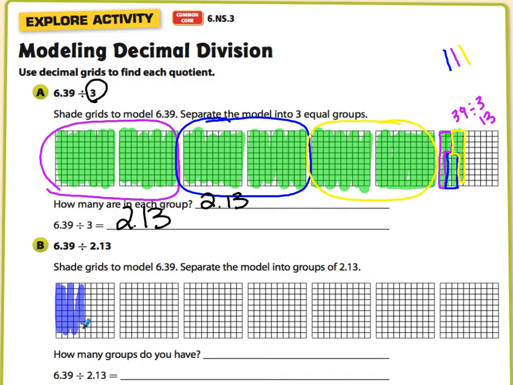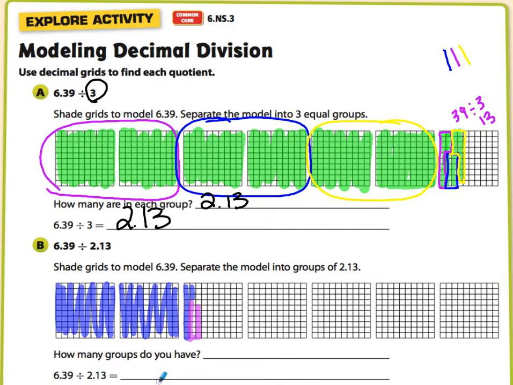So here's 1, 2, 10, 11, 12, 13. Now I'm going to take my next color and do 7, 8, 9, 10, 11, 12, 13.